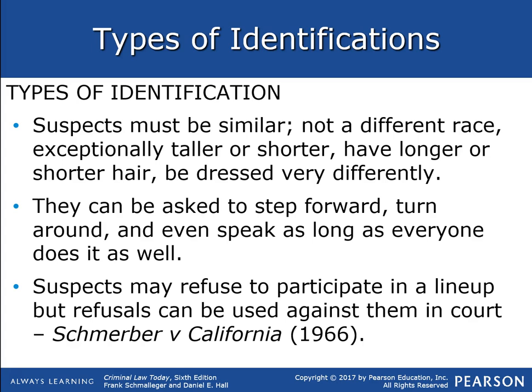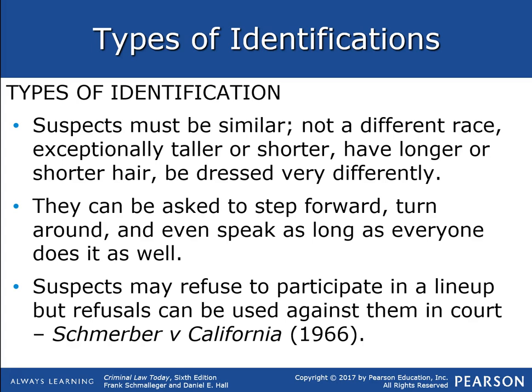And again, still staying with the live lineup, suspects must be similar, not of a different race, exceptionally taller or shorter, have longer or shorter hair, or be dressed very differently. If the suspect had a red cap, we would put a red cap on everyone. They can be asked to step forward, turn around, and even speak, as long as everyone else does it as well.